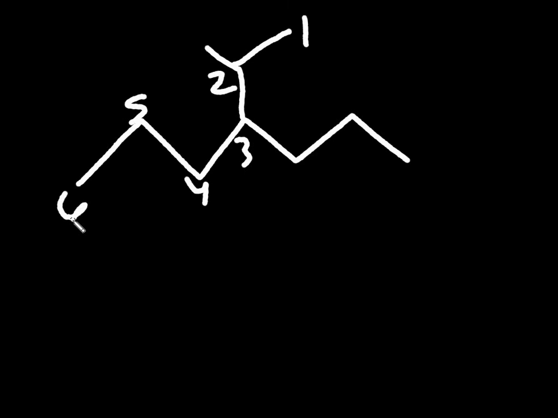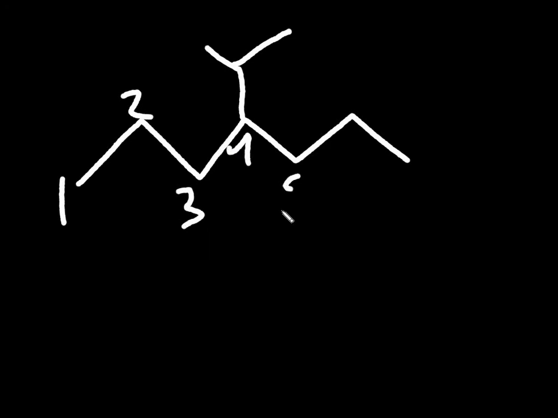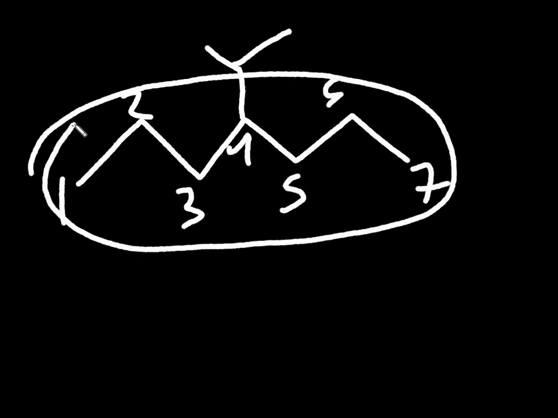That's not the longest chain. We could also count it this way, 1, 2, 3, 4, 5, 6. Not the longest chain. It has to be the longest chain. And the longest chain for this compound was 1, 2, 3, 4, 5, 6, 7. And that's the parent chain we'd go with. Okay? Let's go for another one.